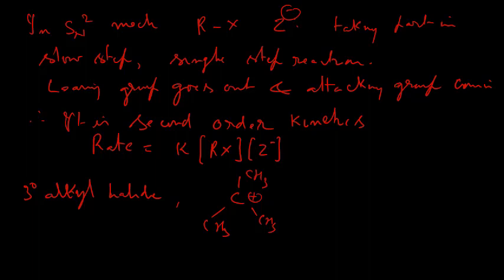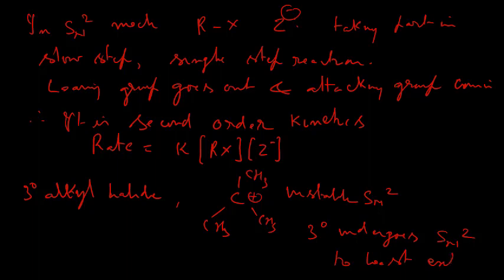Therefore, the bulkier groups attached to the carbon carrying a halogen atom make the transition state unstable towards the SN2 mechanism. Remember, SN2 mechanism. Steric hindrance increases. Therefore, the tertiary carbocation undergoes SN2 to the least extent.